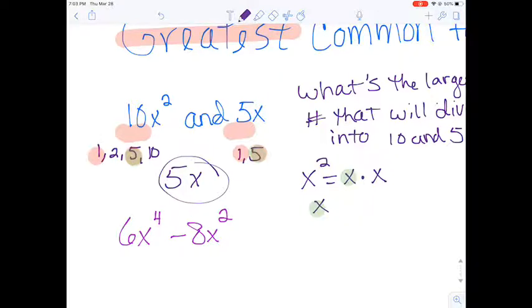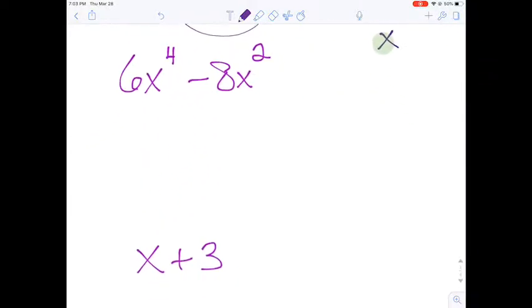Let's see if we can use that to actually factor something out. When we're factoring, we're going to be able to use this to eventually find the x-intercepts or the zeros of our quadratic functions. So let's look here. We have 6 and 8, and then we'll deal with the x's after.